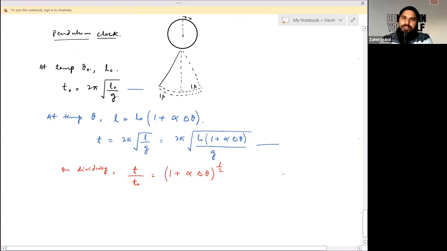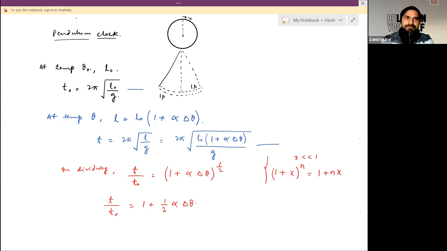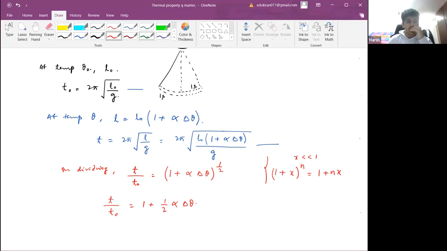Now, according to binomial expansion, we may write 1 plus x to the power n equals 1 plus n times x if x is very, very small as compared to 1. So this exponent would get multiplied with this coefficient. So we may write T over T naught equals 1 plus half alpha delta theta. Harsh, is it clear? Yes, sir.